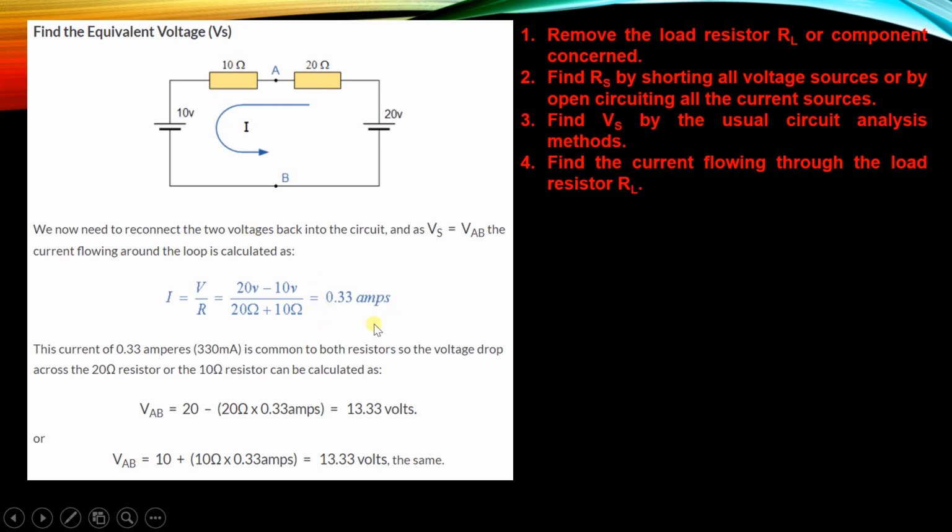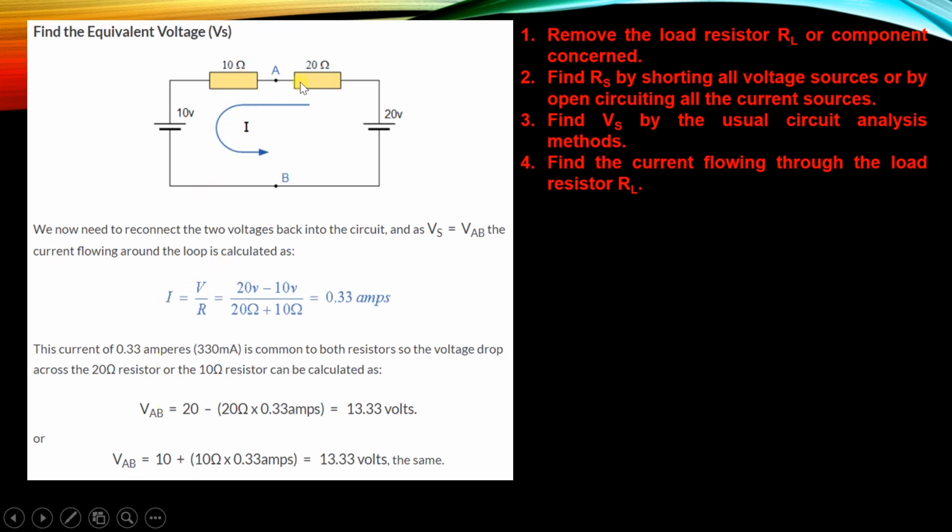This is 0.33 amperes of current flowing in the circuit. This current is common to both resistors. So the voltage drop across the 20 ohm resistor and the 10 ohm resistor is calculated, because the current is the same.